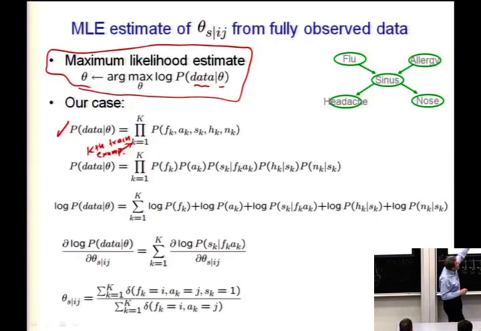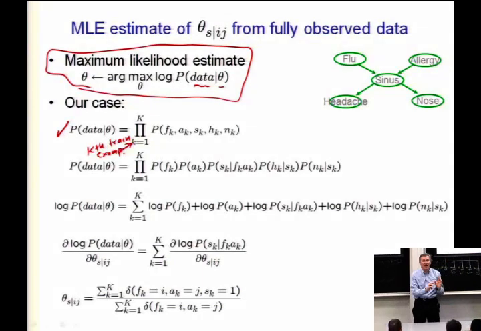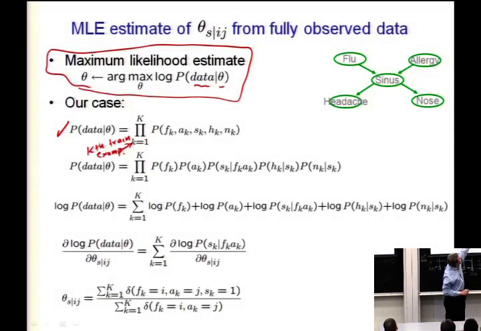And now the nice thing comes in. This is the nice thing that's going to turn out to allow us to train every parameter separately, ignoring the others, essentially, by just getting little local maximum likelihood estimates of each one. And that's because the log of the data given theta, that factored thing turns into the sum of their logs.